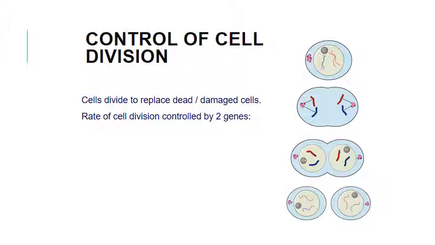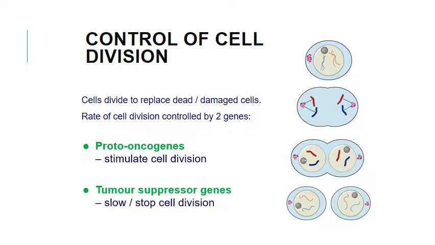During each cell cycle, cells will divide to replace dead cells or damaged cells, and the rate of that cell division is controlled by two groups of genes, which can be classified as either being proto-oncogenes, which will stimulate cell division, or tumour suppressor genes, and this group of genes will slow or stop cell division.